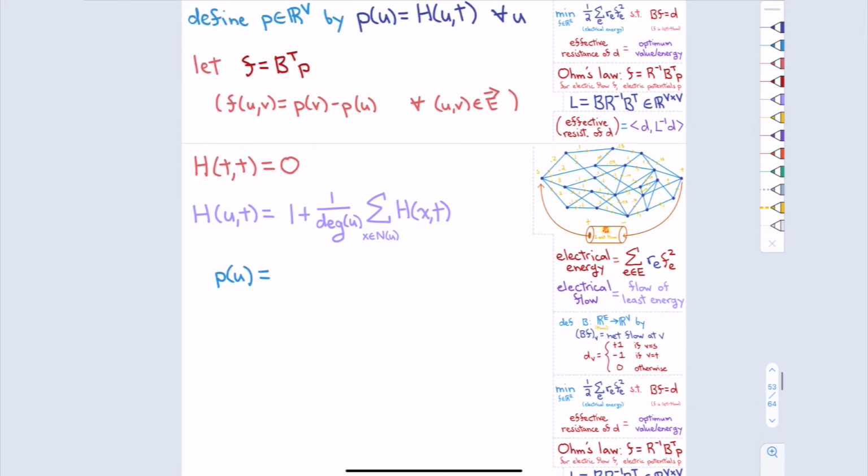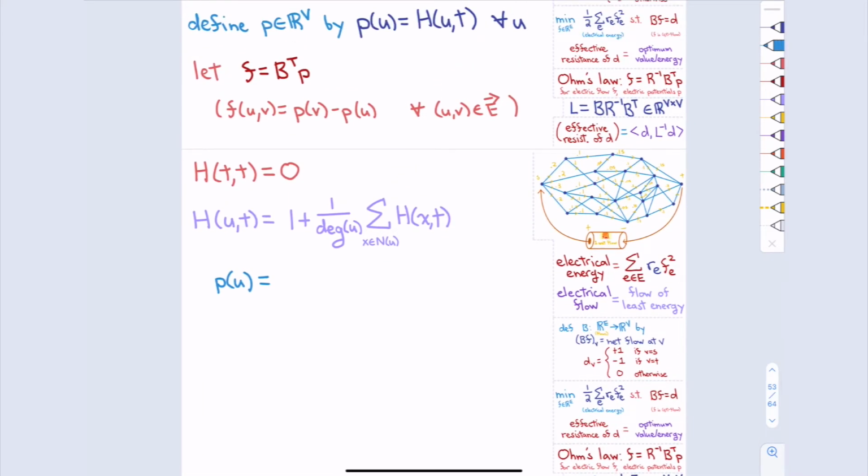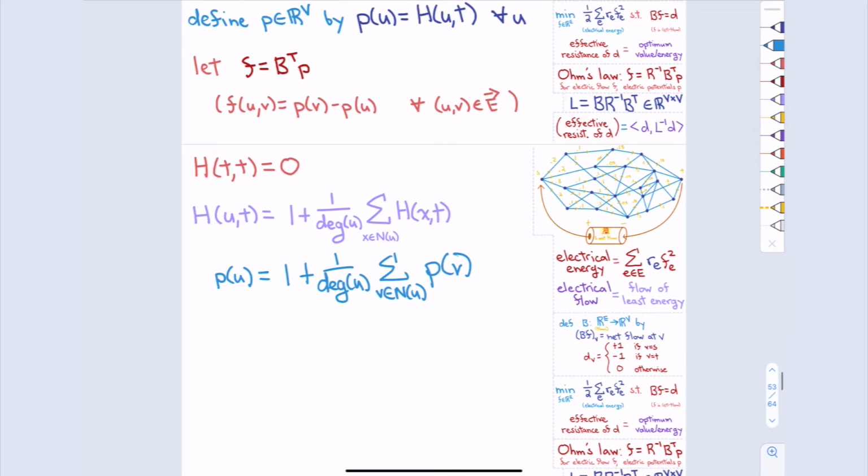Okay. All right. Okay, so what we wrote this down, right? Okay, so just plugging in, I'll get PU is equal to 1 plus 1 over degree U, summing over all the neighbors, PV, right? Okay.